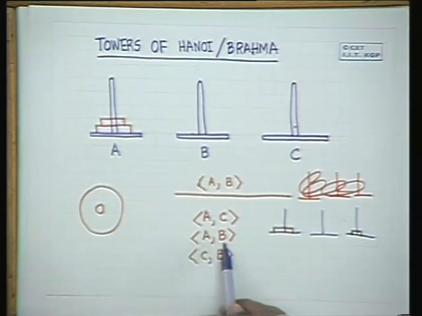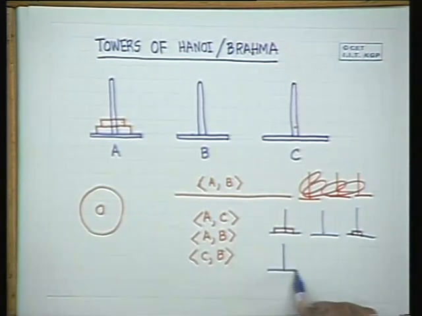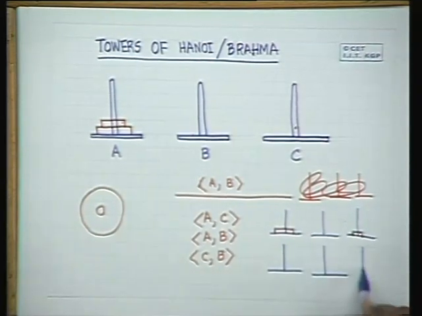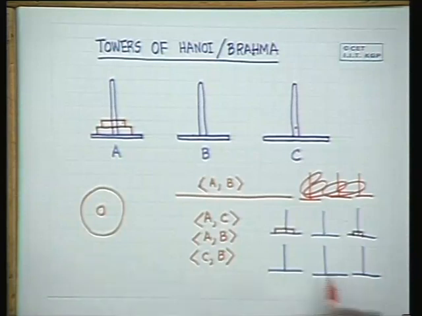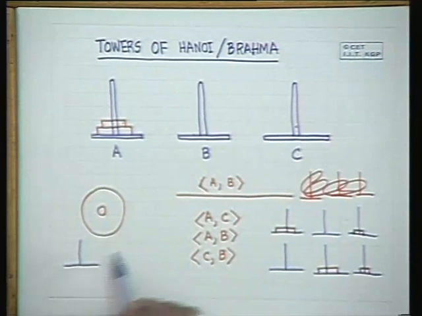Then the next, A to B, so this one will be moved here, and you will get the configuration. And the last, C to B, this one will move here, and you will get the required final configuration.